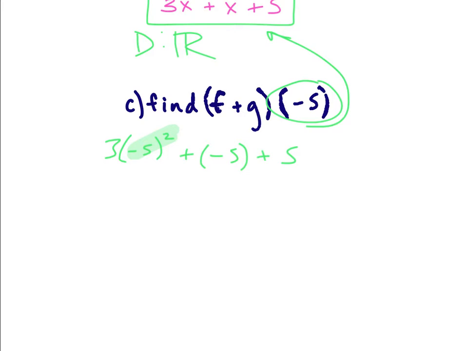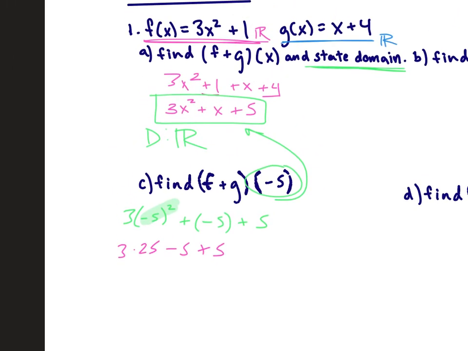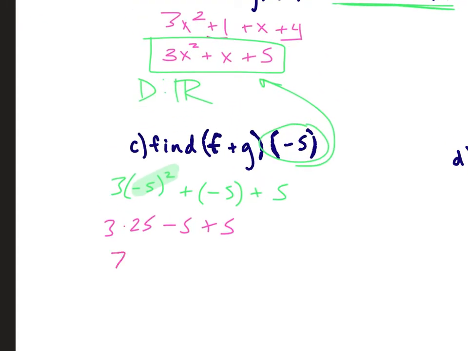So we have 25 times 3, and then -5 plus 5. What's 25 times 3? 75. And then -5 plus 5, they cancel each other out, so our answer is just 75.